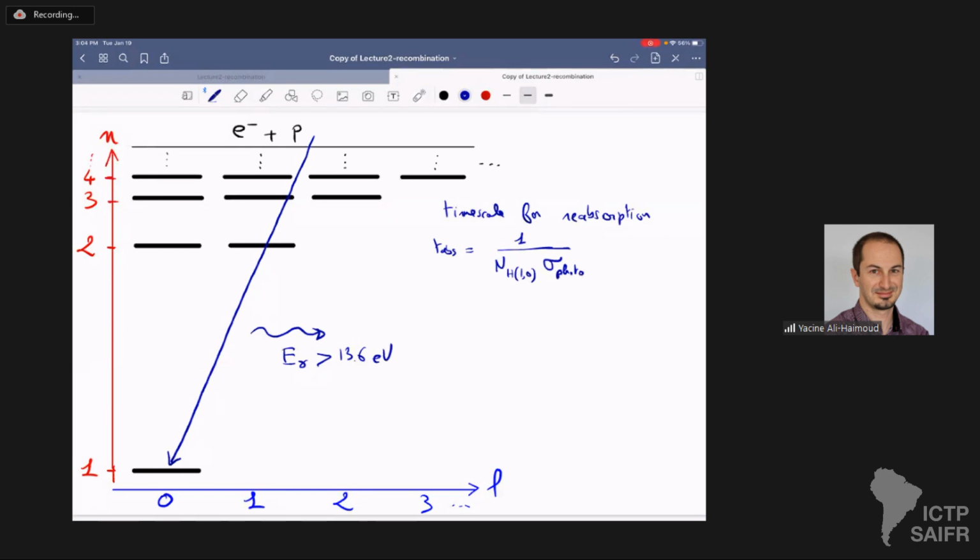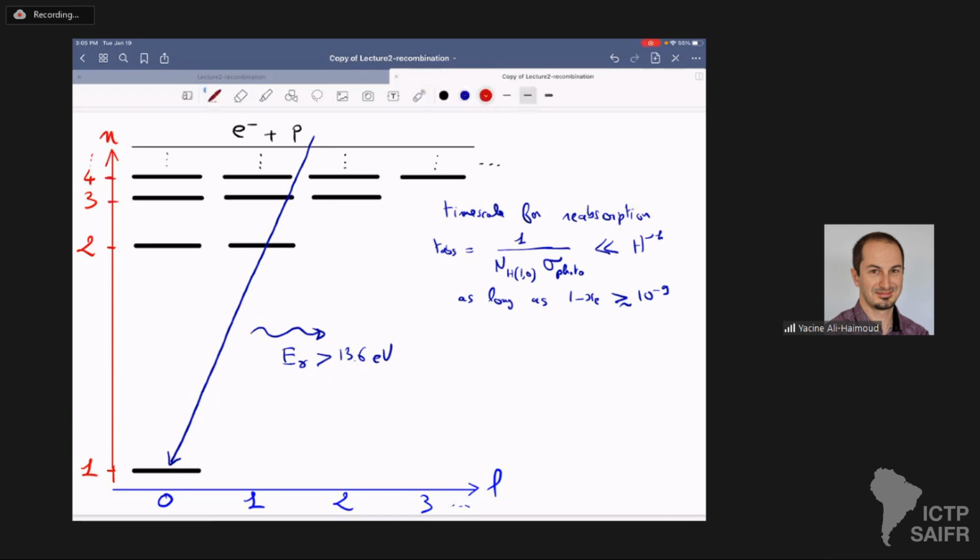And if you plug in numbers, you will find that this is much, much less than a Hubble time, as long as 1 minus xe is greater than something like 10 to the minus 9. As soon as the neutral fraction is greater than 1 part in a billion, then photons resulting from direct recombination to the ground state get immediately reabsorbed by another hydrogen atom.